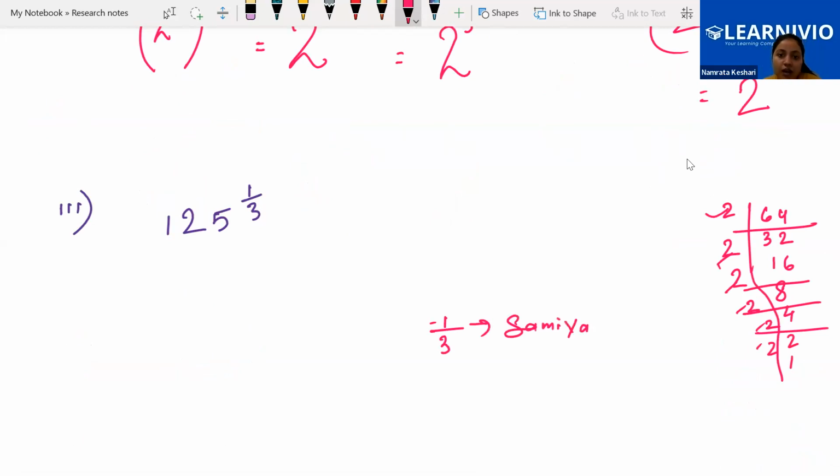Saad and Arhan, please do it. It would be 1 upon 125, raised to the power 3.